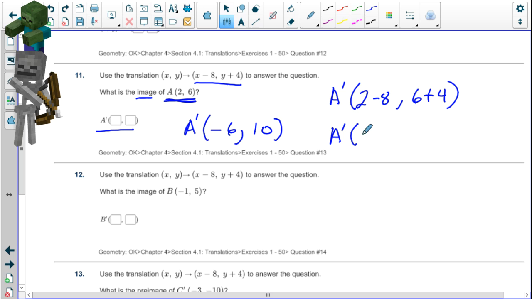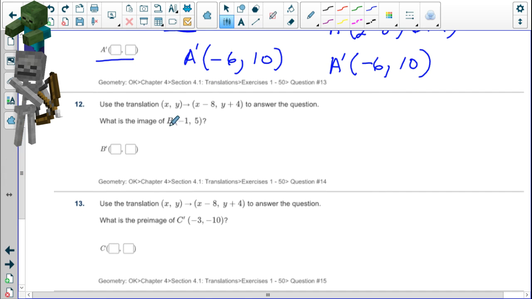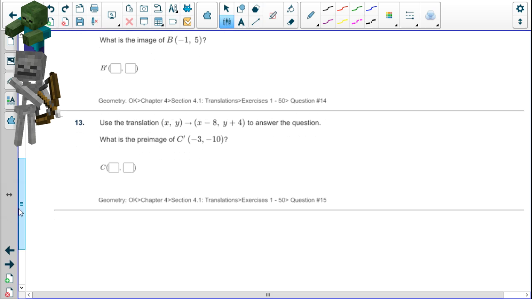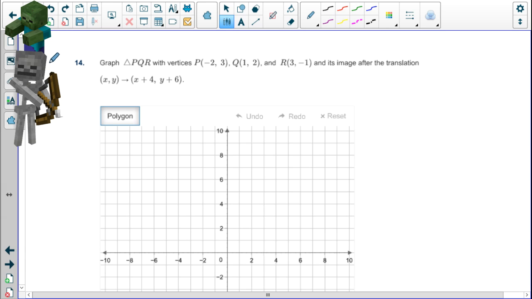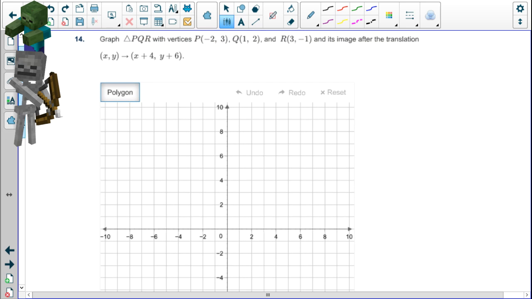So that's going to give you negative 6 and positive 10. Same thing, we're just writing it out. So I want you to try 12 and 13 on your own. You can ask questions if you need to. Okay, so I'm going to do 14 with you, and then I want you to try 15 on your own.